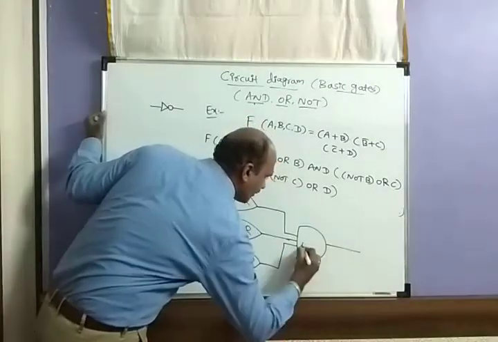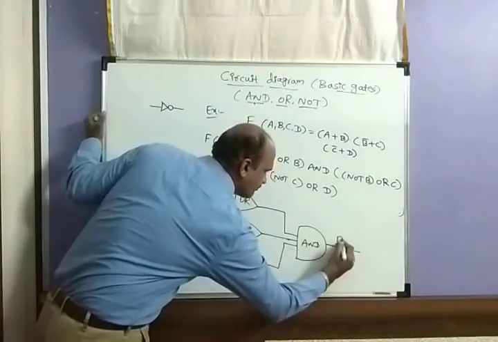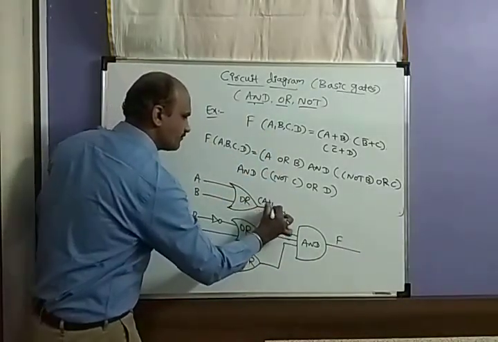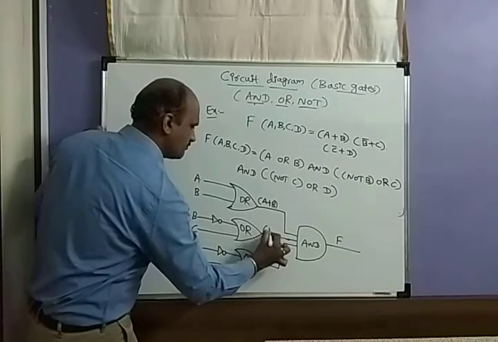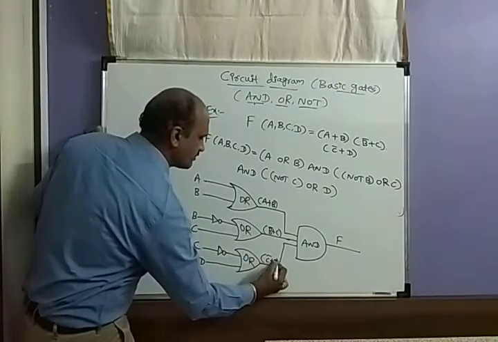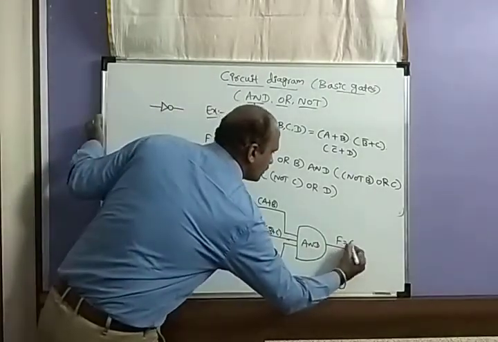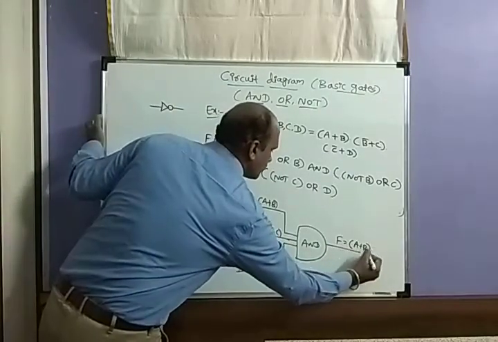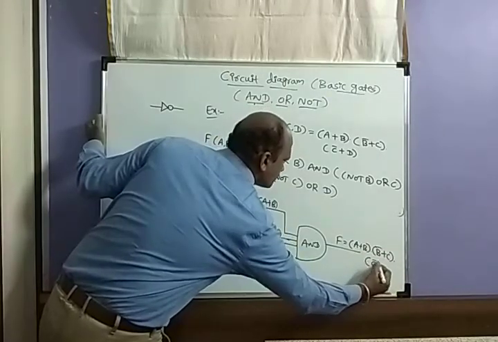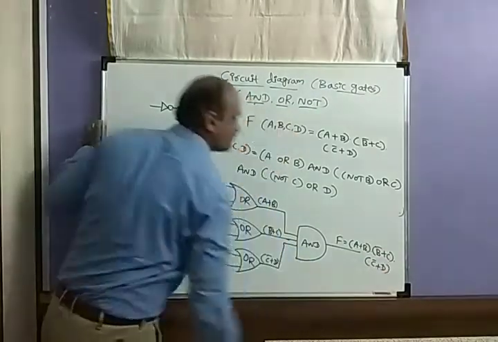This is the final expression, and that is F. So it becomes A plus B, it becomes B bar plus C, it becomes C bar plus D. So the final expression you got is A plus B into B bar plus C into C bar plus D.